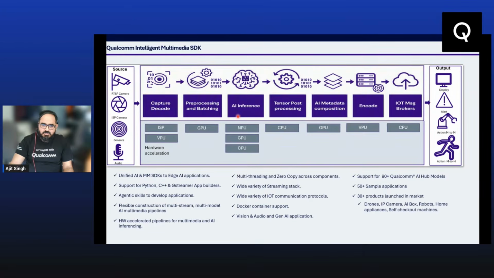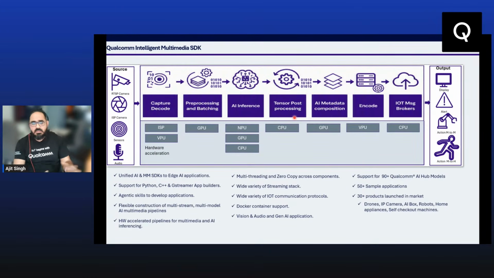As a next step, once you have your data ready, then you do AI inference, and this AI inference is totally tensor in, tensor out, where you can run very different types of models based on your application logic or the business logic, which is spread across Vision AI, Audio AI, or Gen AI, right? There's a fundamental AI inference where you do simple tensor in, tensor out, and after that, once you have those tensors, you do post-processing.